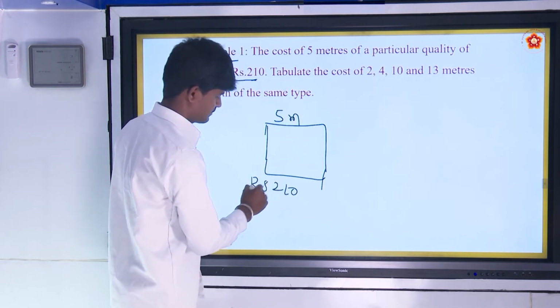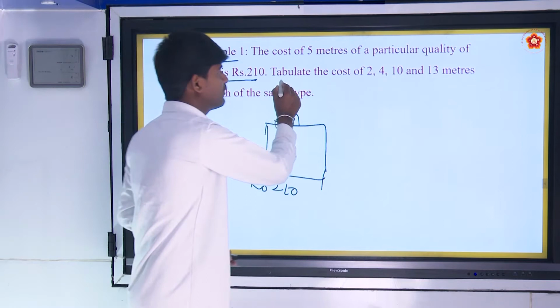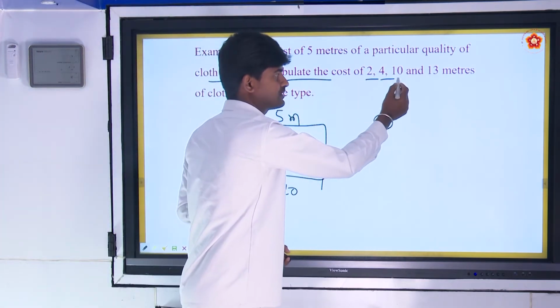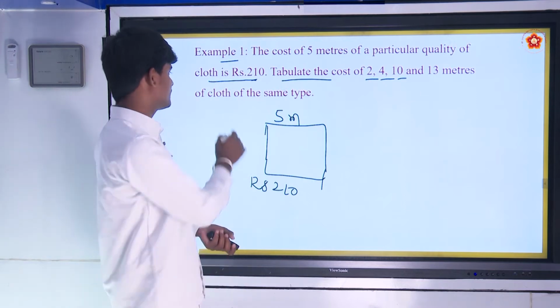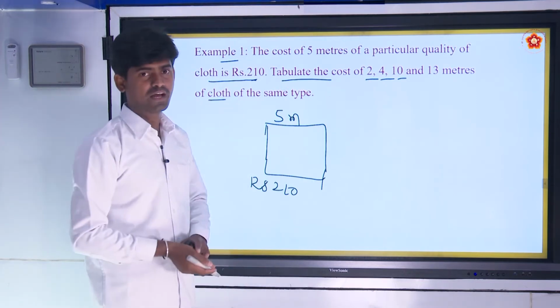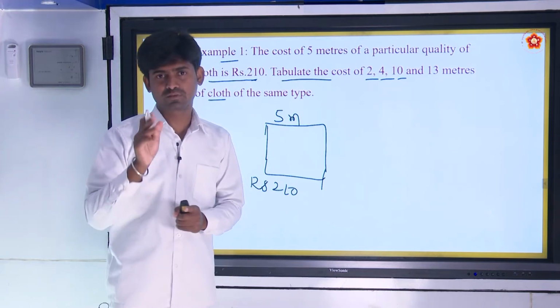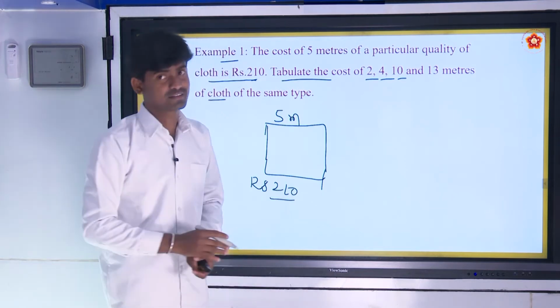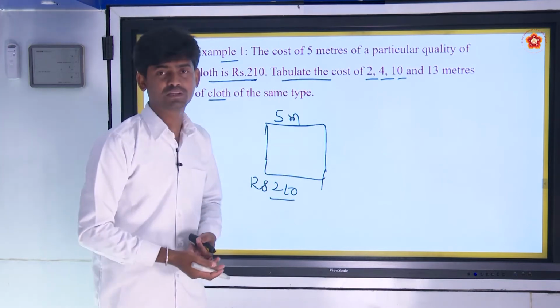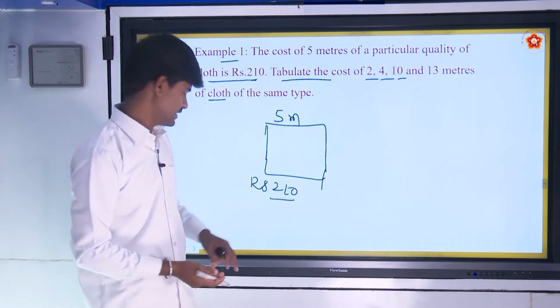We have to tabulate the cost of 2 meters, 4 meters, 10 meters and 13 meters of cloth of the same type. They gave the same type of cloth. For 5 meters it is rupees 210. What is the cost of 2 meters? What is the cost of 4 meters? 10 and 13 we have to tabulate.